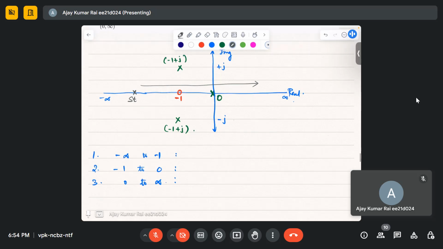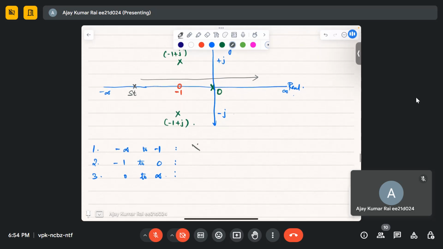But for a root locus to exist, that number should be odd. So the root locus does not exist in the region from minus infinity to -1. Let me call this test point st1.